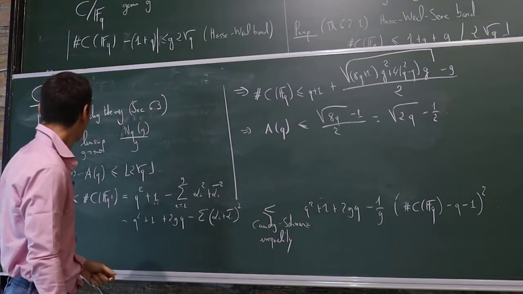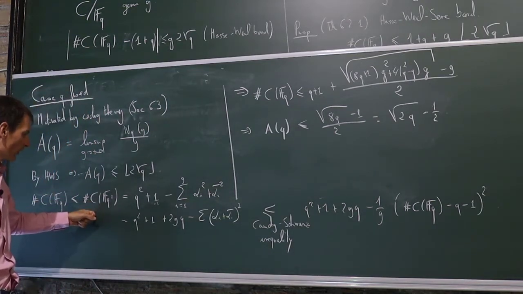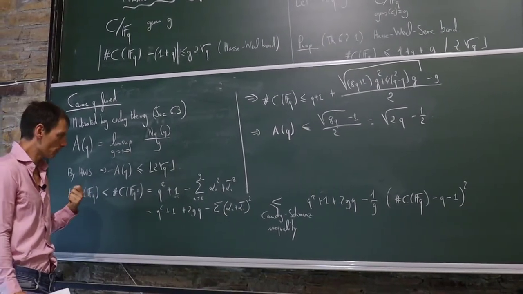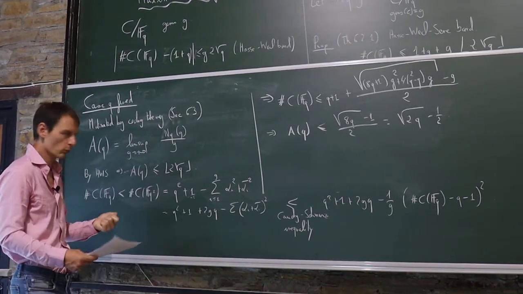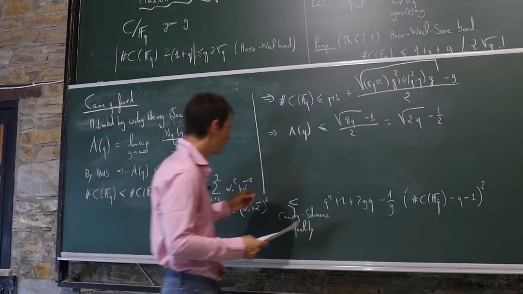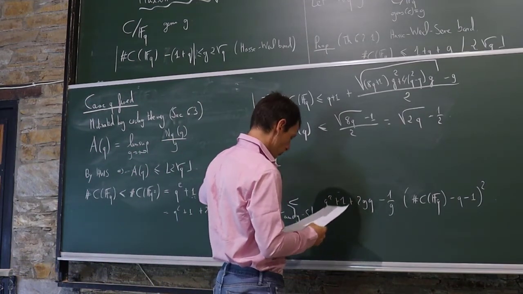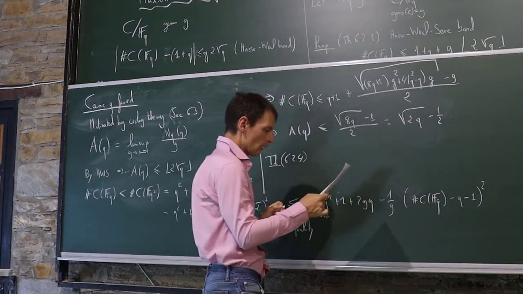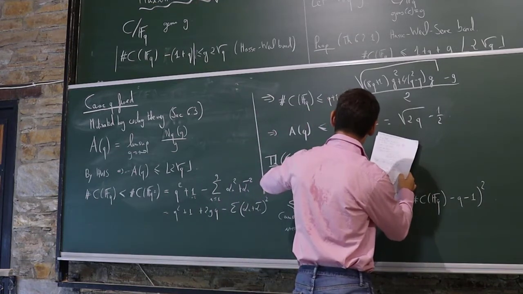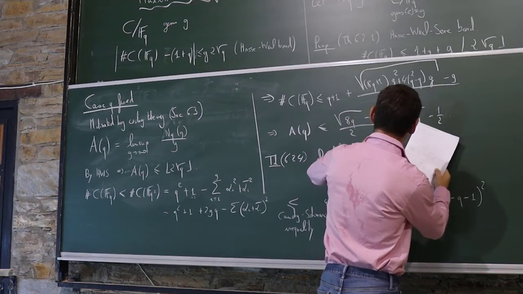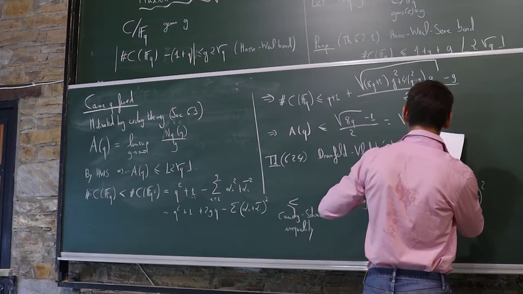Well, when one has such a nice formula, the idea would of course be to also consider the number of points over F_q cubed, F_q fourth, and so on. This is the beginning of the trick, but of course you need much more subtlety to put all the information together in a nice way. But this is what is done, and you can have a look at the theorem, which is Theorem 6.2.4 in the notes, and it is called the Drinfeld-Vladut bound.